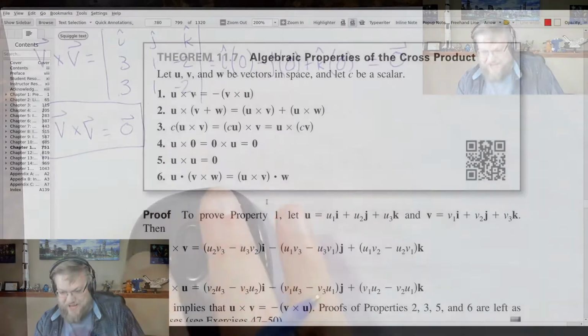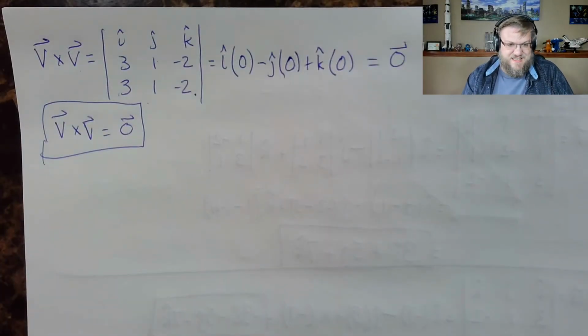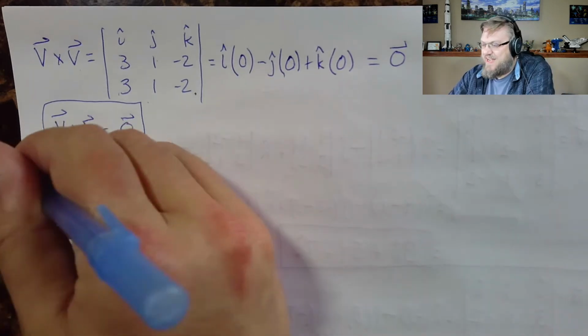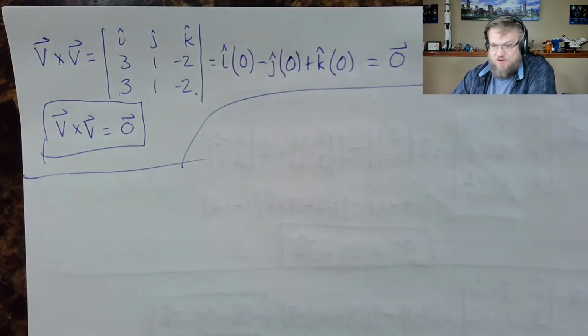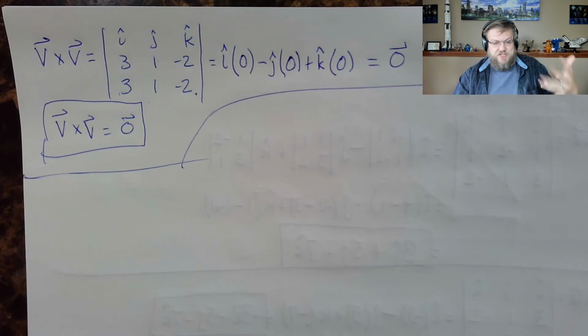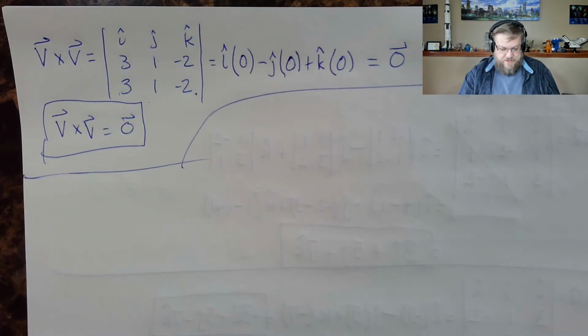Now let's see what we can do next. Let's get into what the cross product does. Why was it defined the way it was? What do I get out of that definition?